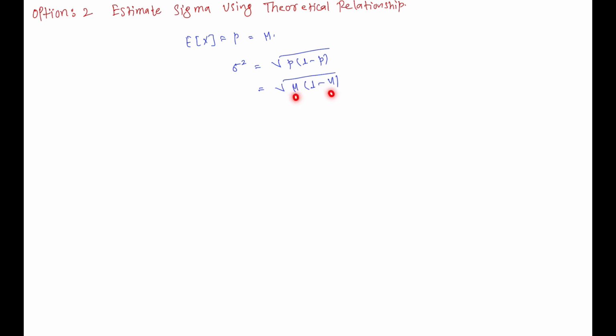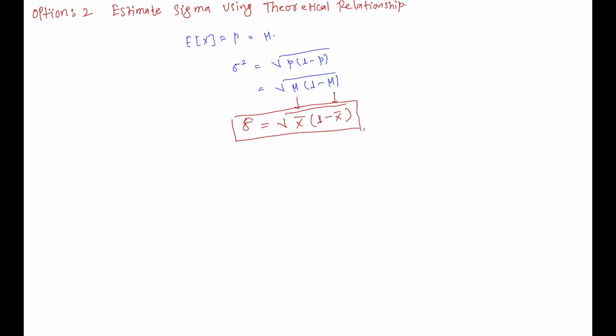Now this mu is anyhow not known to us, but given the samples, we can estimate the mean of this population using the sample mean. And once you have this, it will give you the estimate of your standard deviation, that is sigma.